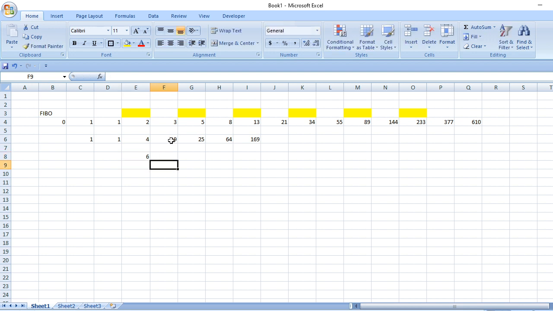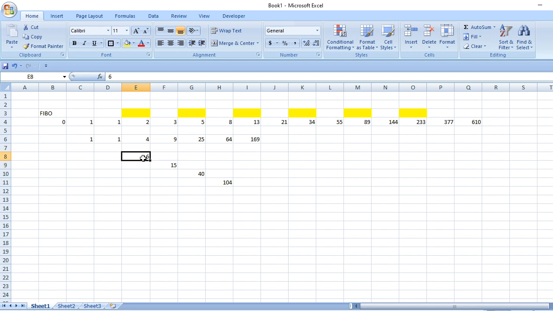And 6 plus 9 is 15. 15 plus 25 is 40. 40 plus 64 is 104. You may think, sir, you said if we add the squares we get alternate Fibonacci numbers, but this is not a Fibonacci number. Yes, this is not a Fibonacci number, but if you look deeper into these numbers, this is nothing but a multiplication of Fibonacci numbers.